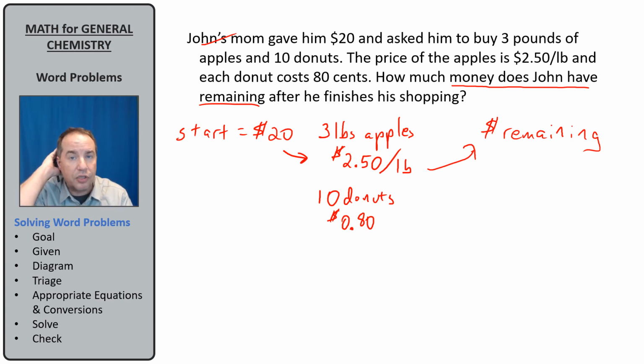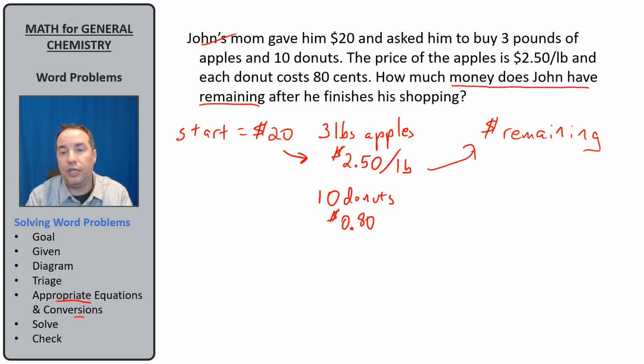All right, so let's triage the problem. Typically in a chemistry problem, and we'll do some, you're deciding whether this is a reaction problem or a density problem. Here, it's a money problem, right? We know how money works, so there's not much to triage here. We know, hey, if you start off with 20 and you spend 12 bucks, you have $8 left. But let's think of appropriate equations.